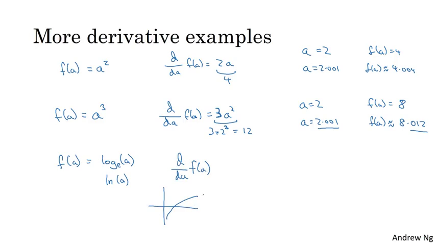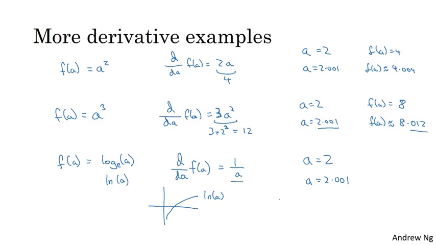The slope of this function is given by 1 over a. So the way to interpret this is that if a is any value, and again, let's keep using a equals 2 as an example, and you nudge a to the right by 0.001, you would expect f of a to go up by 1 over a, that is by the derivative, times the amount that you increased a.